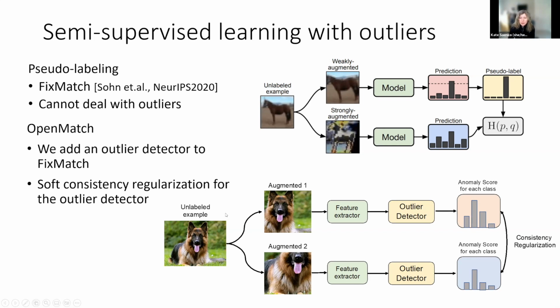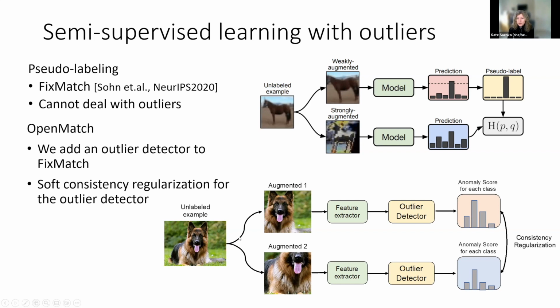For example, if dogs are not in our labeled set, we want to reject them because they're an unknown category, and it shouldn't be affecting our known category training. The other contribution here is that we're adding a consistency regularization for the outlier detector as well. So not just the main pseudo-labeling branch, but also the outlier detector should have consistency regularization.